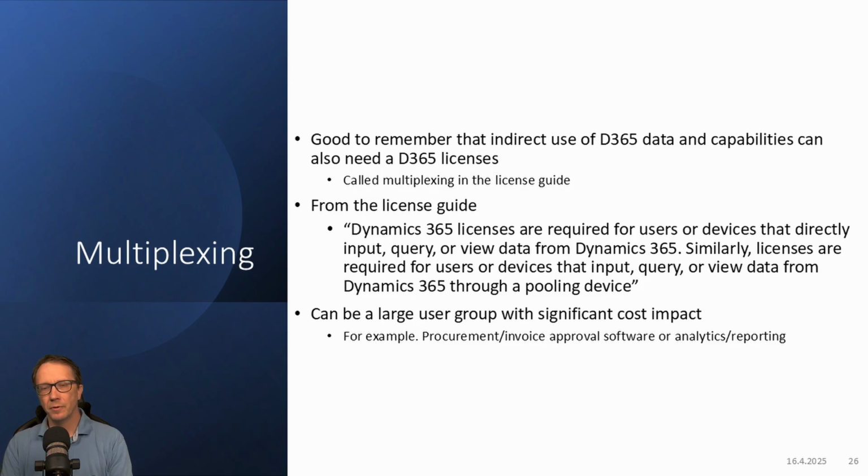If there's one thing I want you to remember, it is the multiplexing part, because this is something that quite often is overlooked and it's not evaluated properly. What multiplexing means is that if you have a system that is connected via integration to Dynamics, either we import data or transactions from that system to Dynamics, or we import data from Dynamics to another system, in quite a few cases that then triggers the multiplexing need, where in the Microsoft license model you need to purchase licenses also for the users of the connected system.